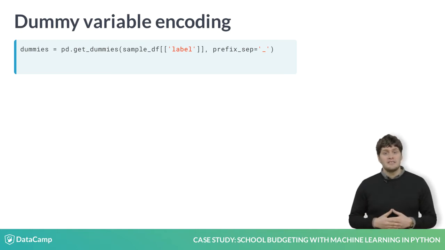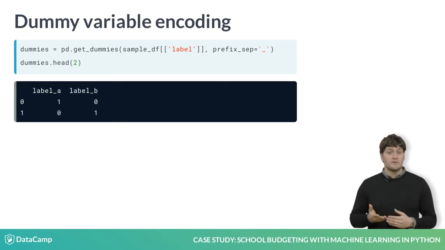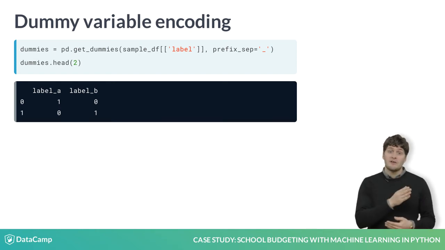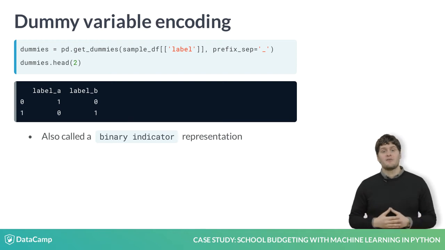This is called getDummies because this process is called creating dummy variables. Our dummy variables data frame has two columns. The first, if the value is labeled A. The second, if the value is labeled B. Each row contains a 1 if that row is of that category, and a 0 if not. This is also called a binary indicator representation.